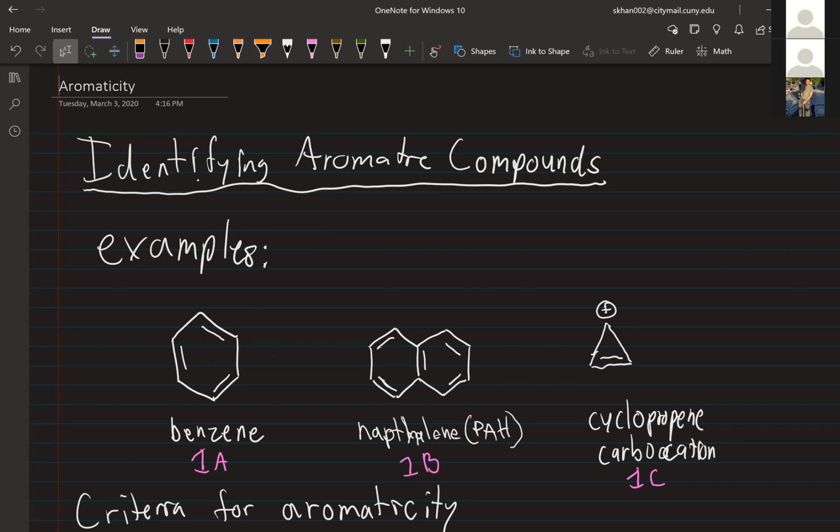Chapter 17, so identifying aromatic compounds, right? Most drugs in the world have aromatic rings. Most biological molecules too. Aromaticity exists everywhere, right? Yeah, perfumes. Well, perfumes are mostly esters or whatever.